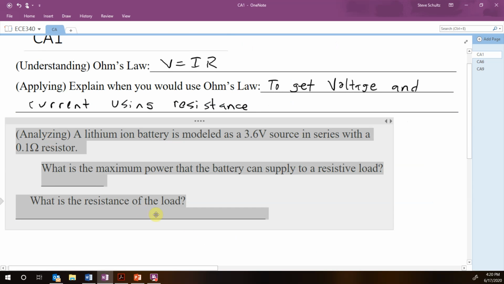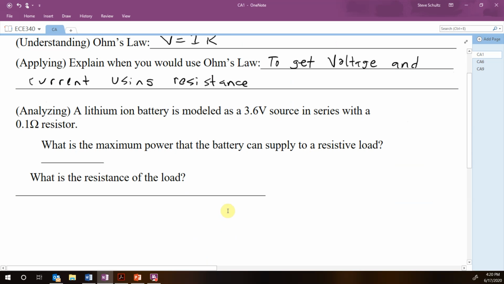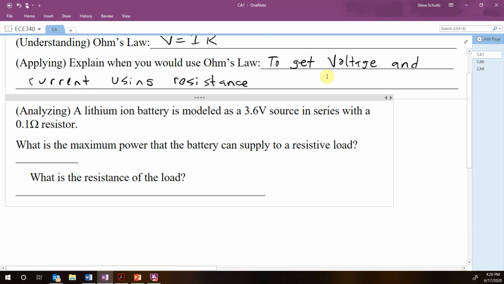Okay, so if you were in 240 and you were asked, analyzing: a lithium ion battery is modeled as a 3.6 volt source in series with a 0.1 ohm resistor. That is the specs of our problem. We want to know what is the maximum power that it can supply.